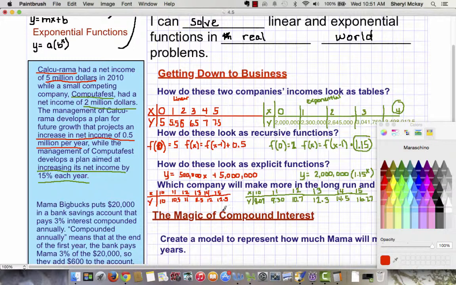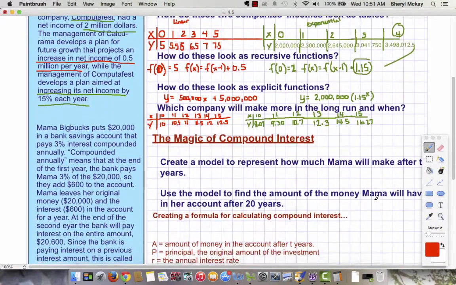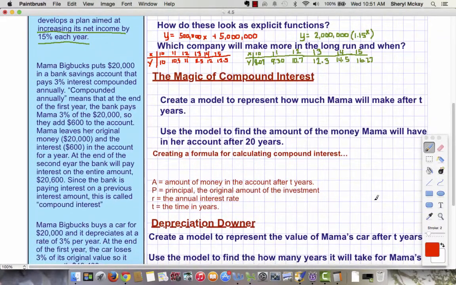So in the long run, you can see, even though it takes a while, Computafest will in the long run make more money per year if they stick with their model of 15%. Okay? And that moves us on to the magic of compound interest.